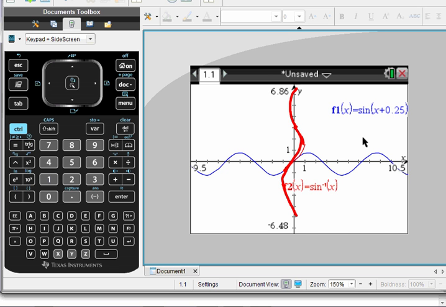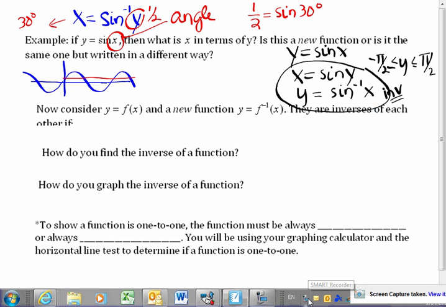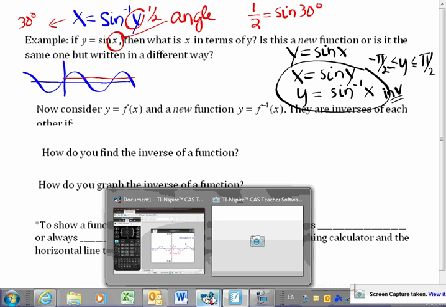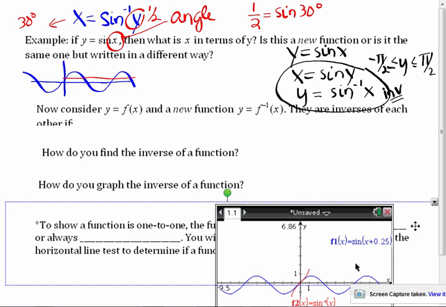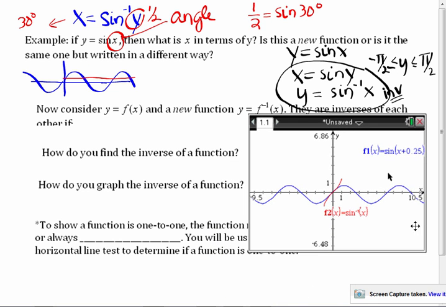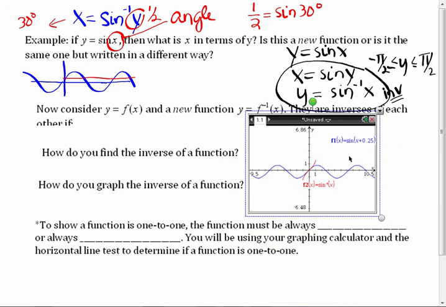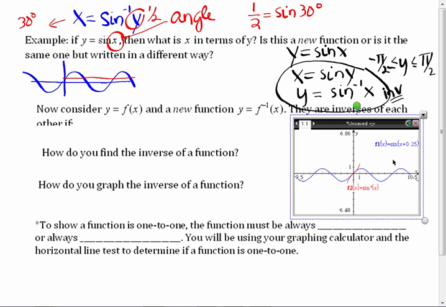Not great. But the Inspire, I think, does a nicer job with the actual graph. So now we get a pretty picture of it. Okay, I'll put it so you can see it.